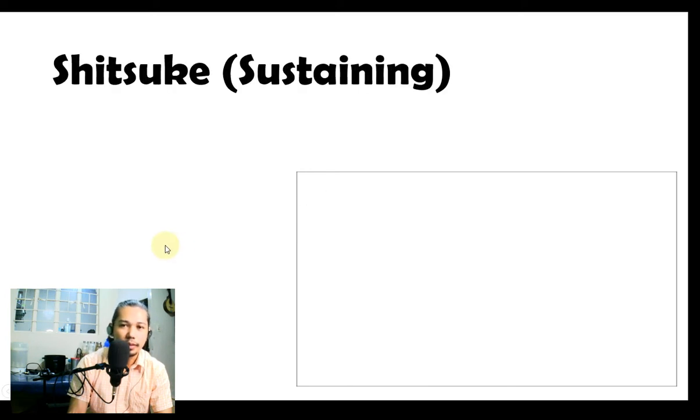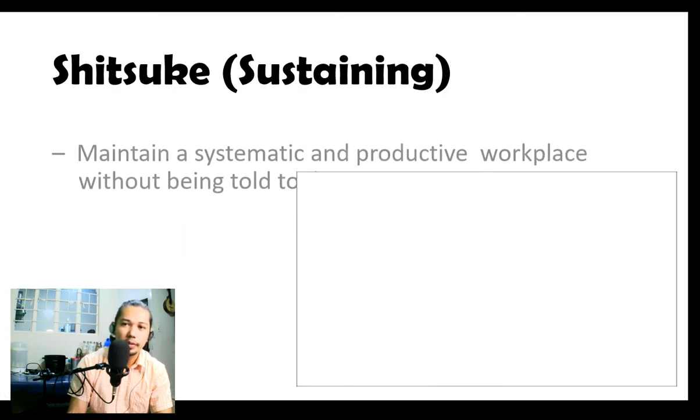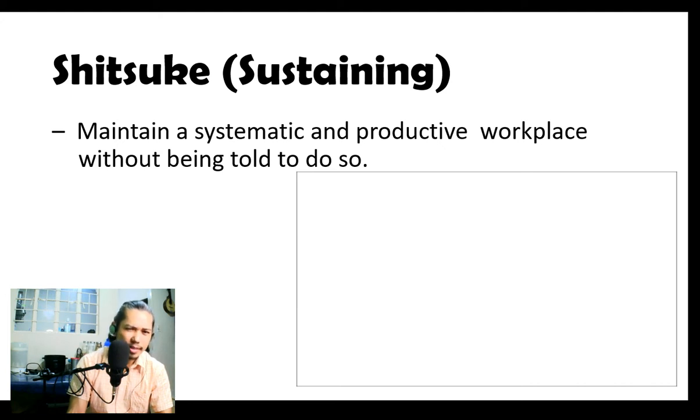Okay, sabi nga, the Shitsuke or sustaining is to maintain a systematic productive workplace without being told so. Anong ibig sabihin nito? Ito ay yung pagpapatuloy ng sistematikong pagtatrabaho ng tao kahit walang nag-uutos or nagbabantay sa iyo.